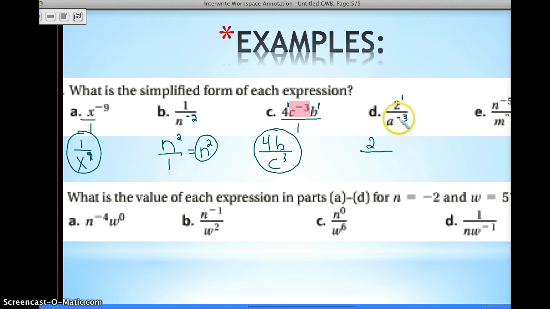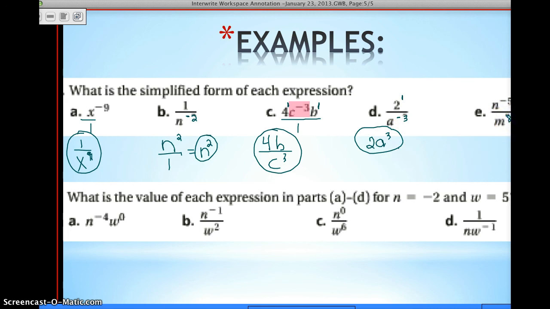The a to the negative 3 is a negative exponent, so you have to get rid of the negative exponent and flip it so it goes from the denominator up into the numerator and turns into a positive, which means actually 1 is left in the denominator and you don't write that. The trick to remember, guys, is that we should never leave a negative exponent in the denominator.